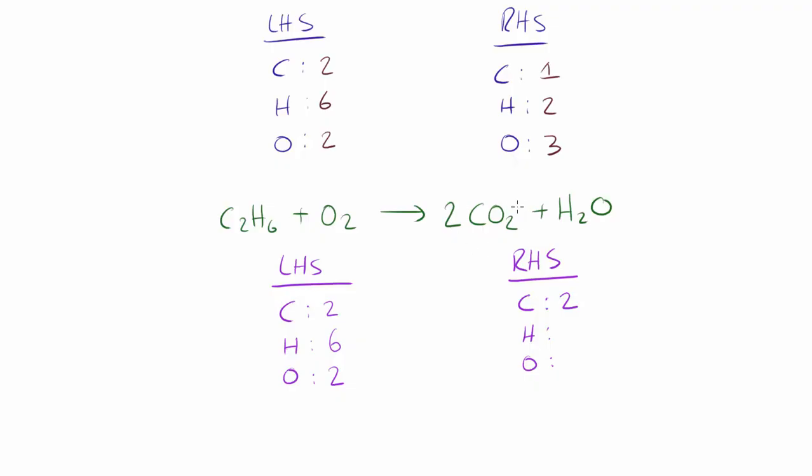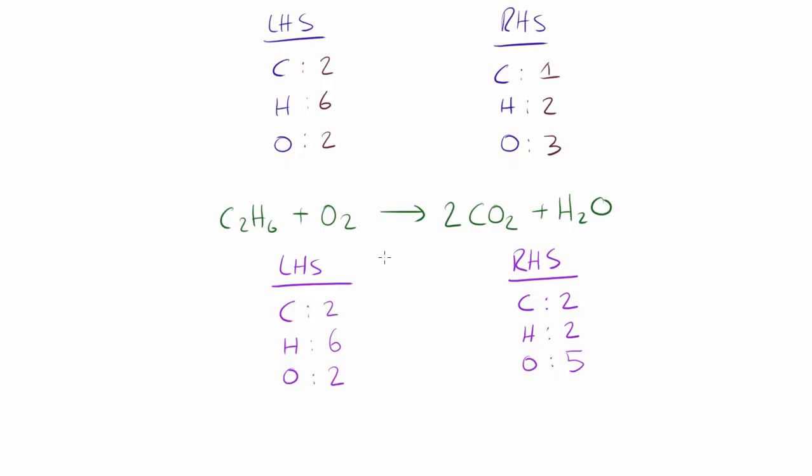There is no hydrogen present in this particular species, so it doesn't affect the number of hydrogens. It's still going to be 2. And for oxygen, as we said, oxygen occurs in both species. We've got 2 CO2, so that's going to be 4. But then we need to add it to the oxygen here, so that's going to be 5.